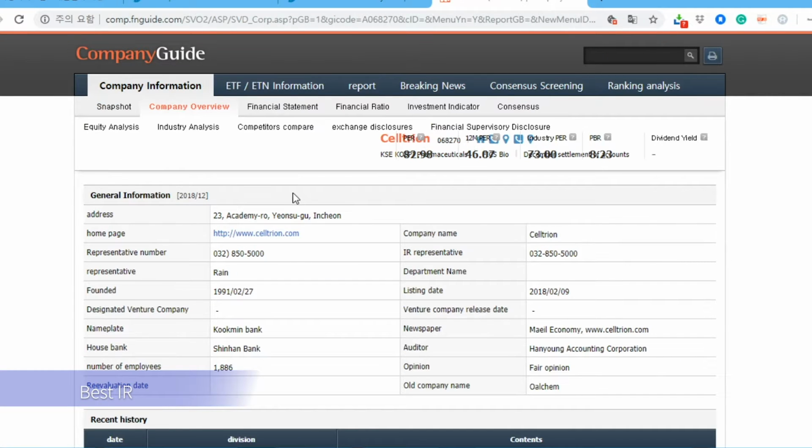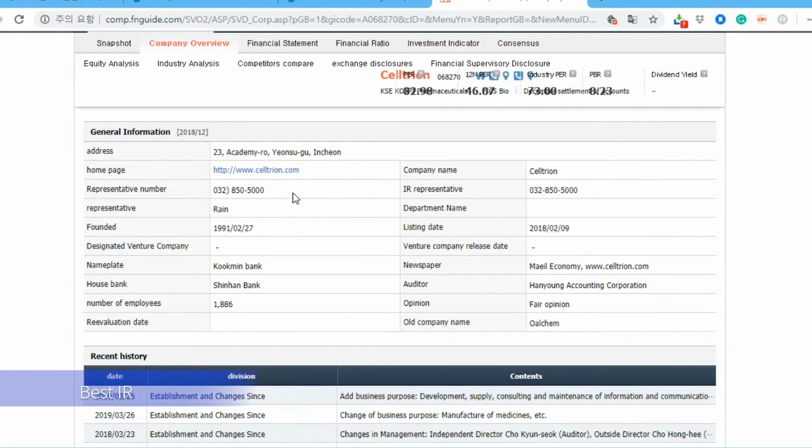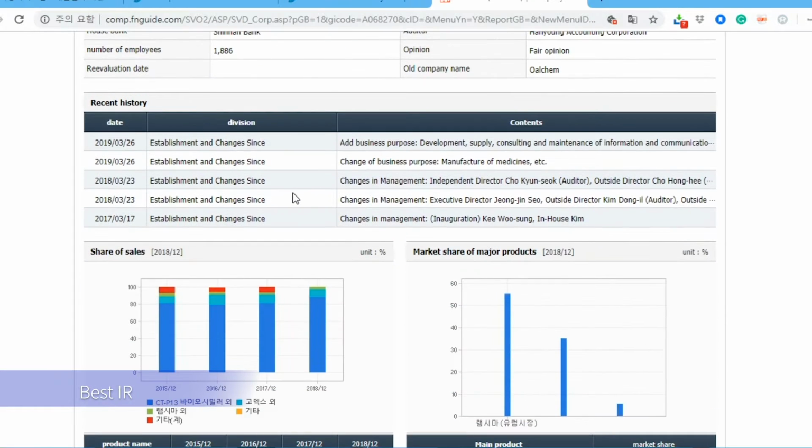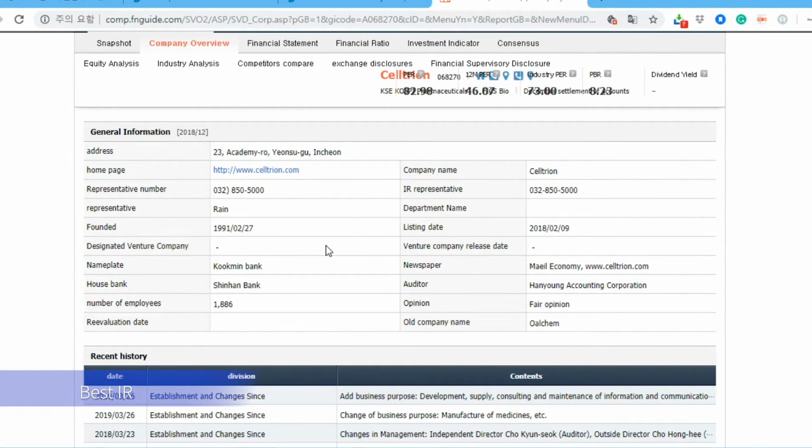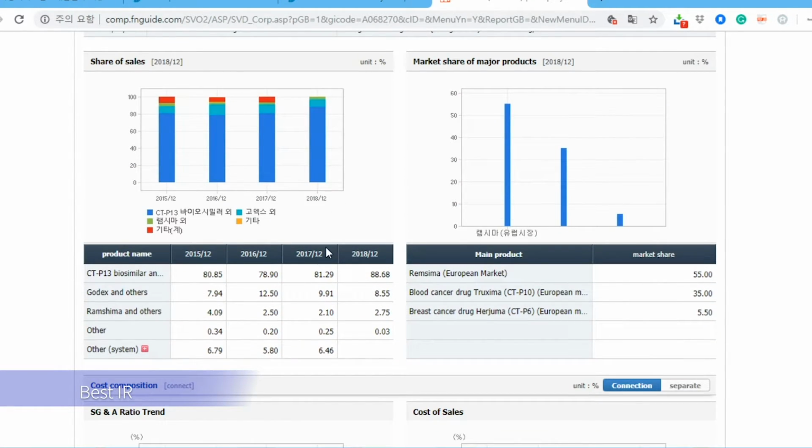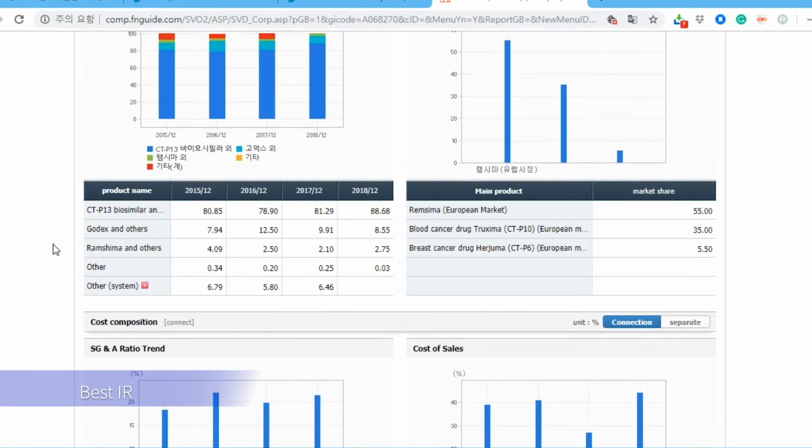A little more detail on the company: addresses and everything here, product names. They're still a CMO, and they produce something for other companies.